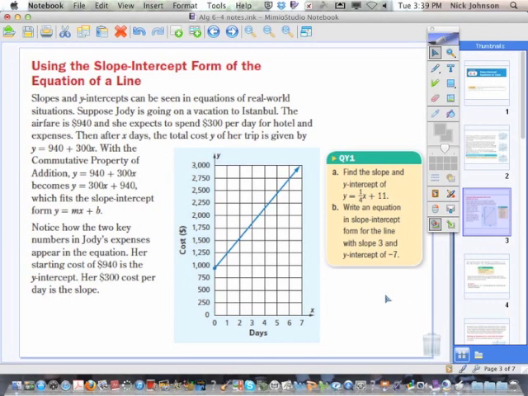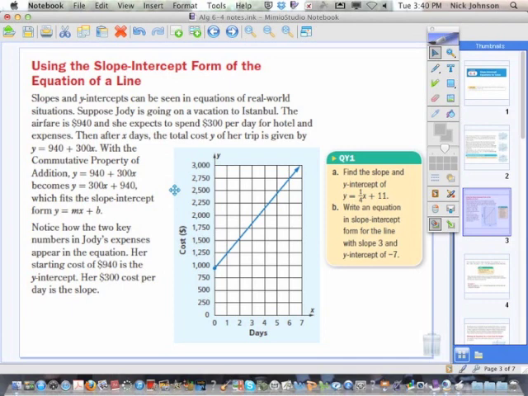Using the slope-intercept form of an equation of a line. Slopes and y-intercepts can be seen in equations of real-world situations. Suppose Judy is going on vacation to Istanbul. The airfare is $940, and she expects to spend $300 per day for a hotel and expenses.